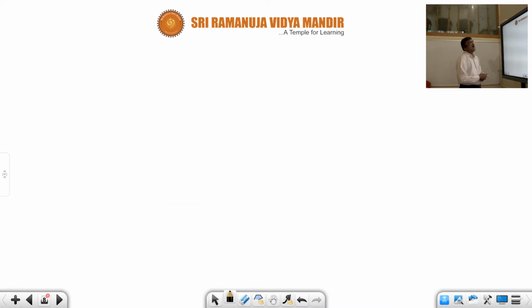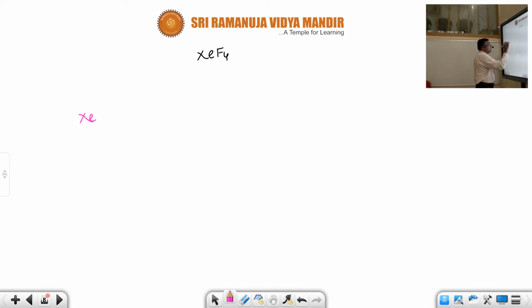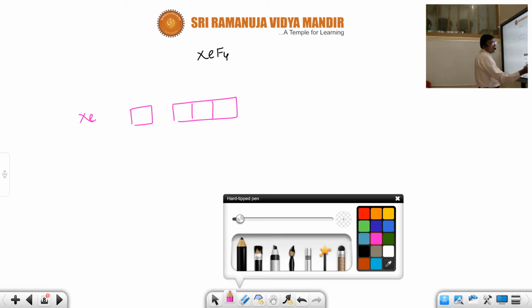Now let us take another example. Another example is XeF4, xenon tetrafluoride. So let us take xenon's electronic configuration as follows.